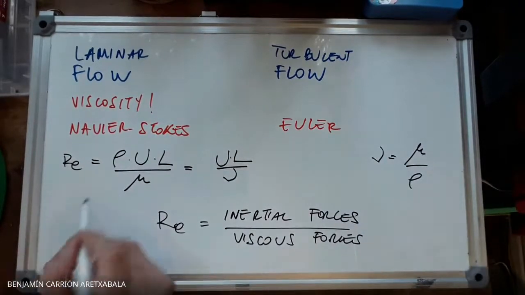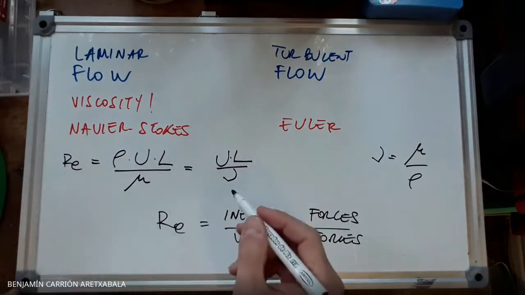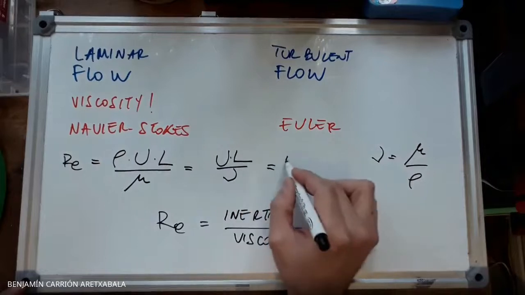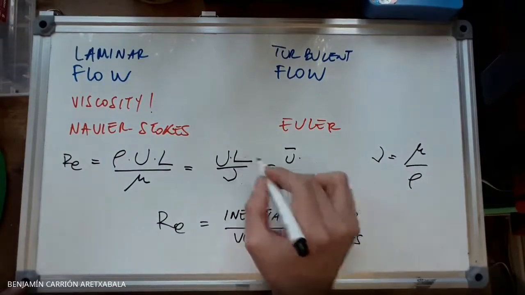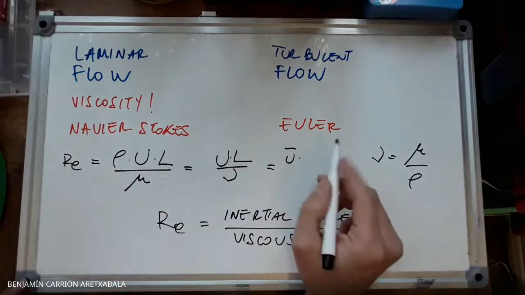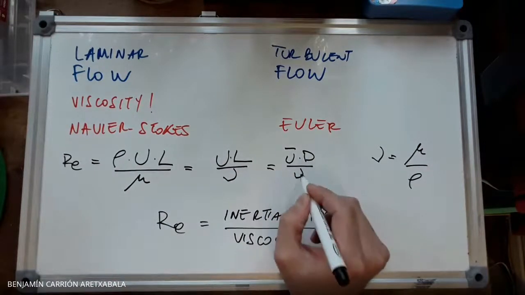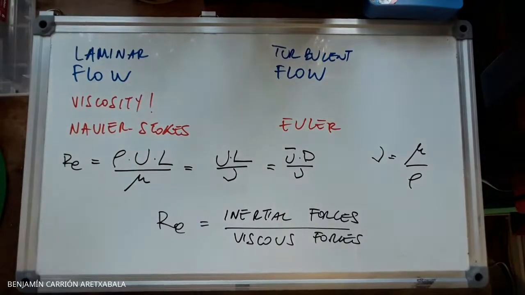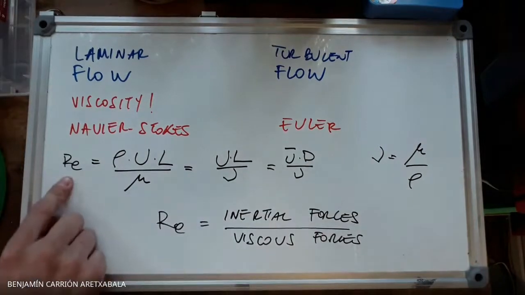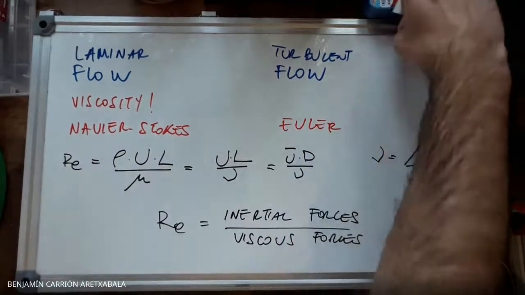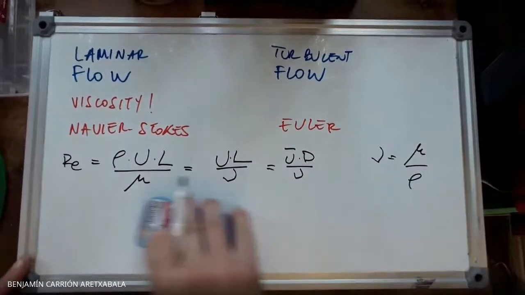So in a pipe, like we were just showing, u would be the average velocity, and the typical distance will be the diameter of the pipe, divided by nu.